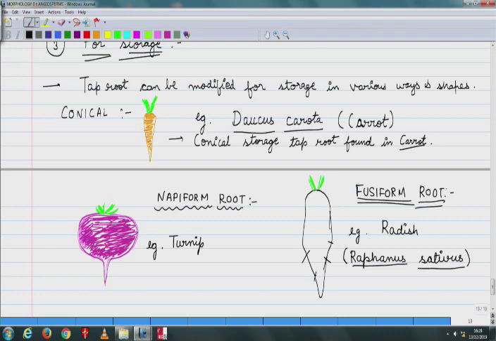Turnip is the example of napiform root. So what is the botanical name of turnip? Brassica rapa. Brassica rapa, variety rapa.